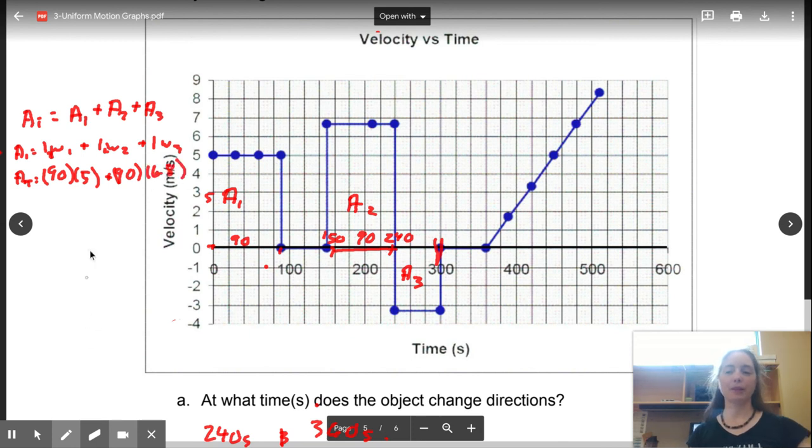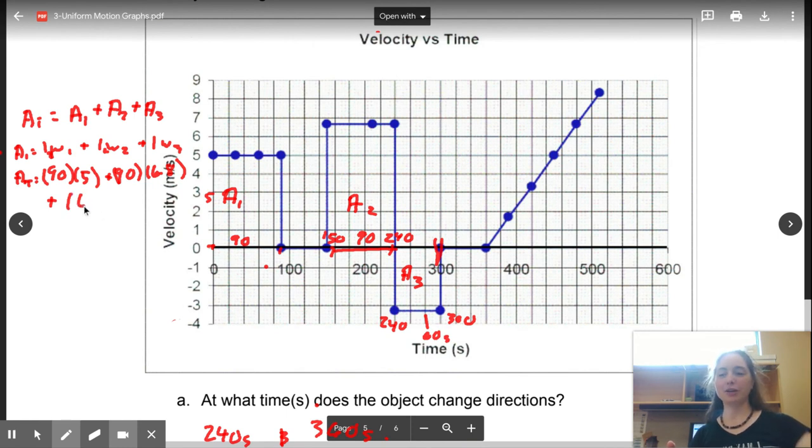Okay. And then we have a third area to contend with. Now notice here we're going into the negatives. Okay, so this guy we've got 300 to 240. So you're going to need to find the difference there, which is going to be 60 seconds. Okay, all right.